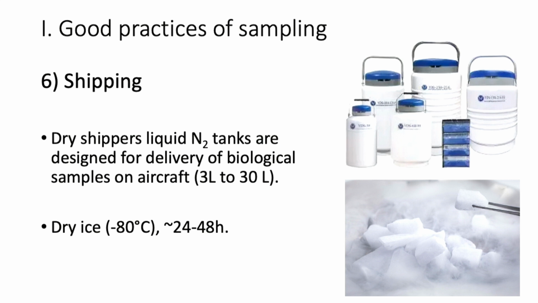These are essentially dry shippers where you can put liquid nitrogen and your organism of interest. And these can go on an aircraft. You have different sizes. That's the very best option. Otherwise, you can always use dry ice. It will keep your organism at minus 80 degrees for about 24 to 48 hours.